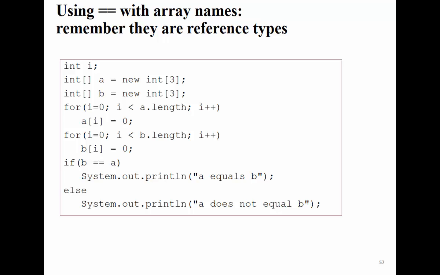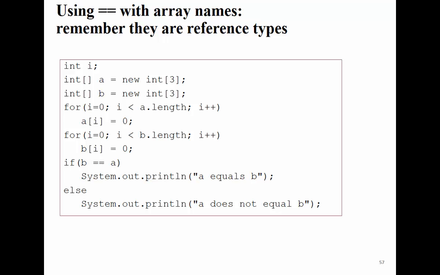This is an example to highlight this issue. We have here A and P. Both are defined and we initialize them both with 0. And in this case, we ask if P and A are equal. With this equals, what do you think we are looking for? Equality of content or equality of reference? Equality of reference, that's right. So we are checking with this equals, not the content.